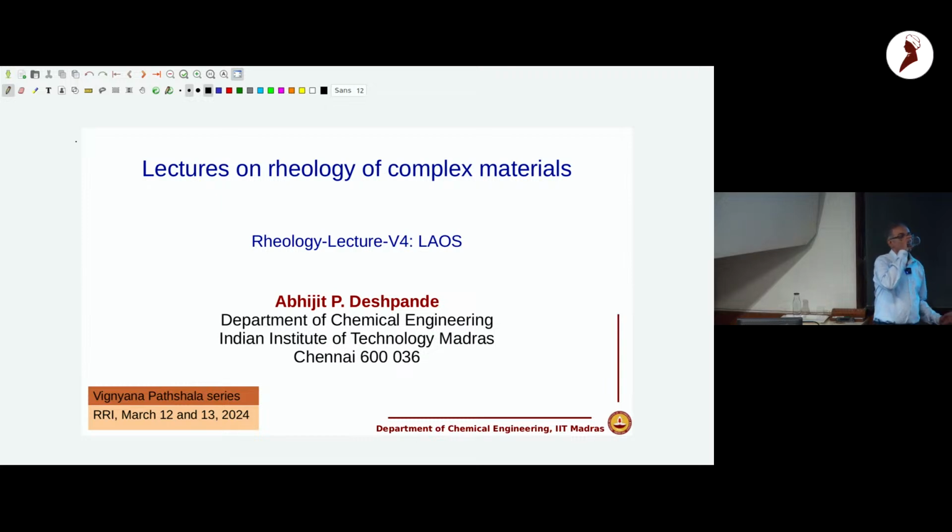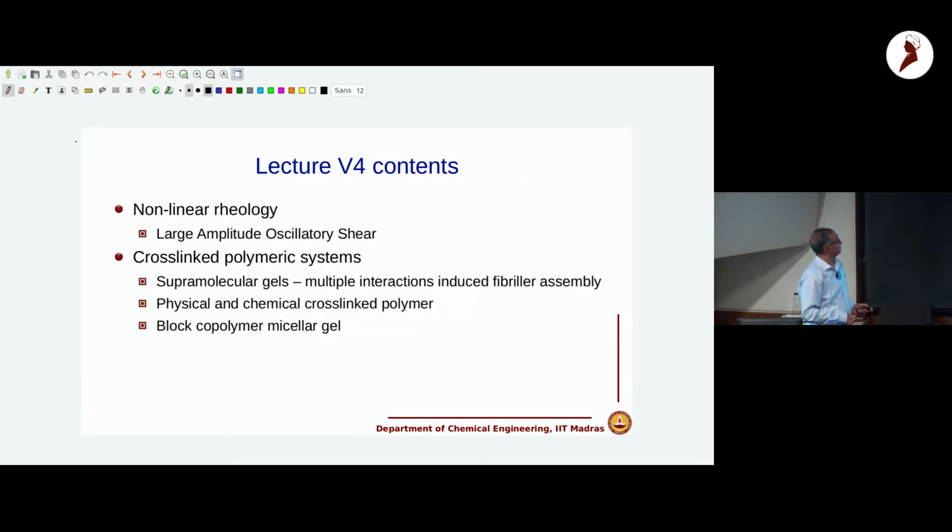Okay. So I'll summarize quickly. Many of you who are doing rheology and large amplitude oscillatory shear would be familiar with many of the things that I'll talk about. Basically looking at large amplitude oscillatory shear of three different systems.